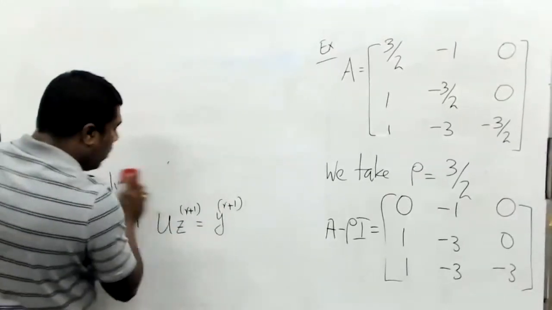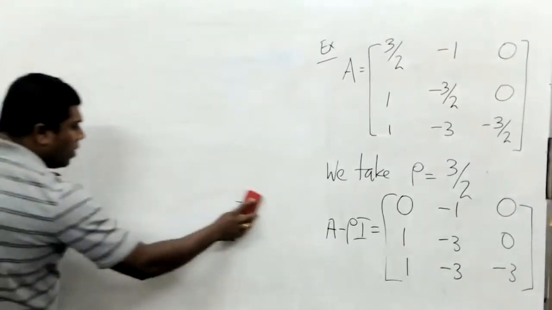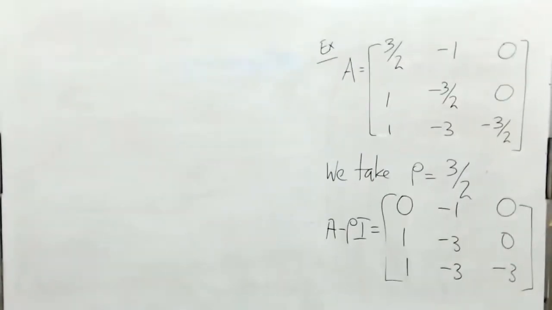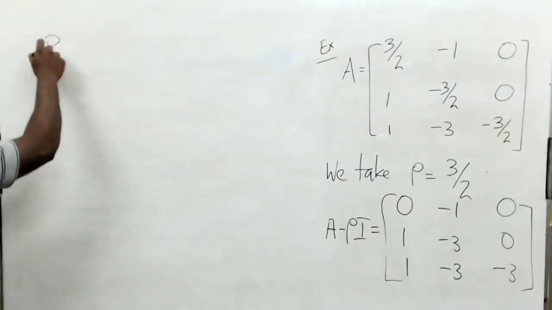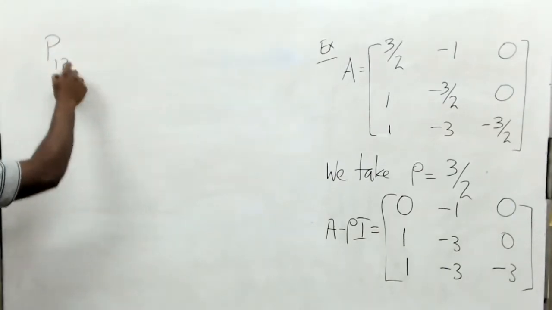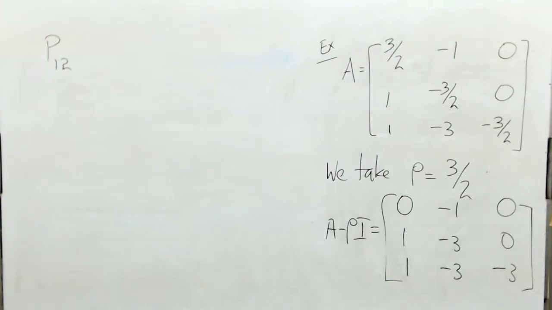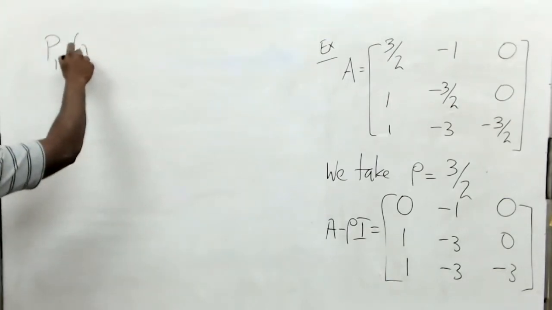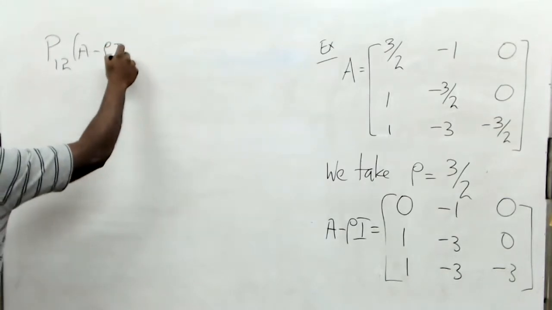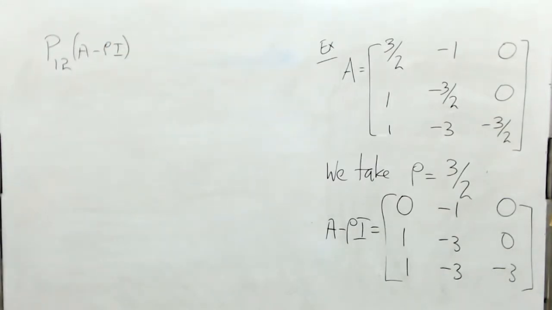So first step, you have 0 on the first diagonal term, so you have to avoid that. Now I can write down the notation, and you all know the meaning of that. So P12 times A minus rho I. P12 is the permutation matrix that interchanges row 1 and 2.